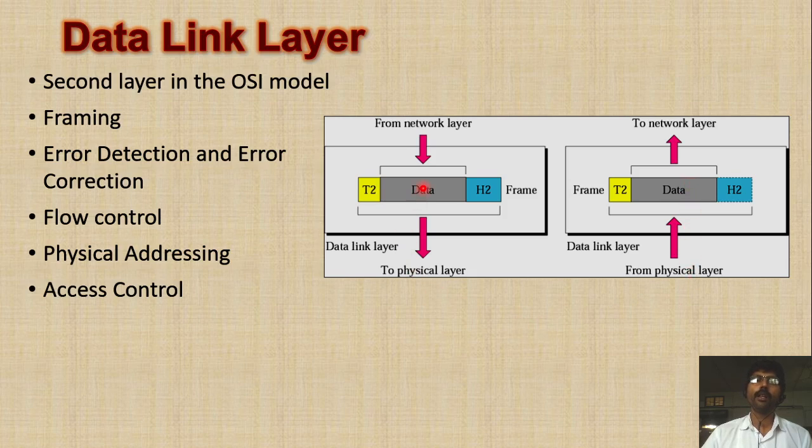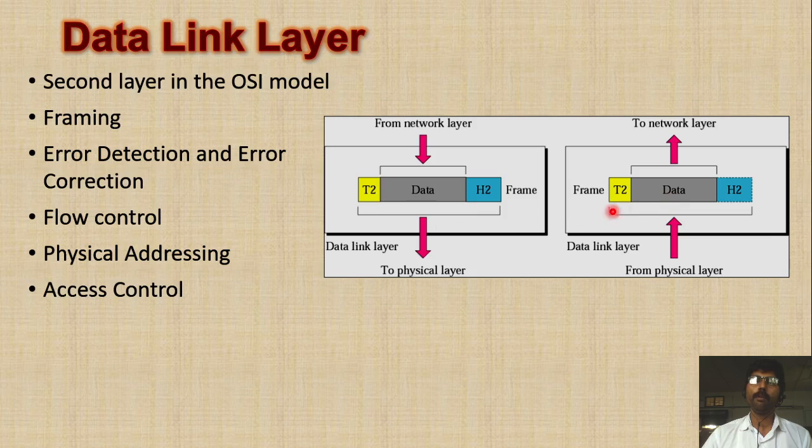to the sender. One more job of the data link layer is flow control. Flow control means whenever data is transmitted over a network, the sender and receiver should be in the same phase. That means the data frames sent by the sender are the same amount as the data frames received by the receiver.